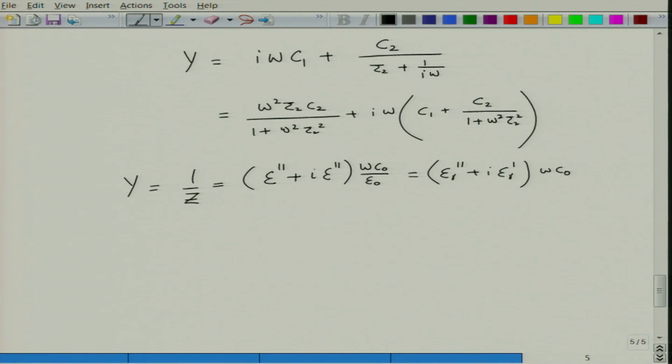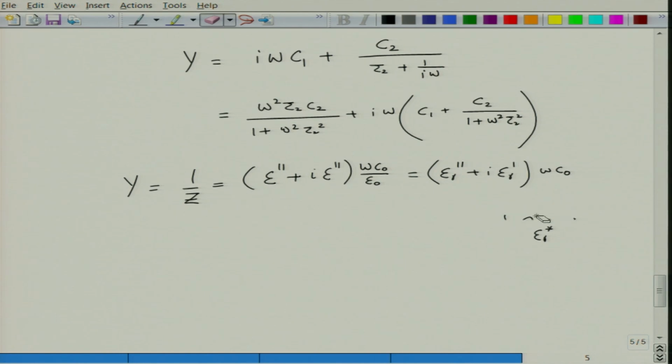You can express this in another form. If you multiply this by i, this will become minus i omega C naught into epsilon r prime minus i epsilon r double prime, and this is basically epsilon r star, the complex form of the dielectric constant.